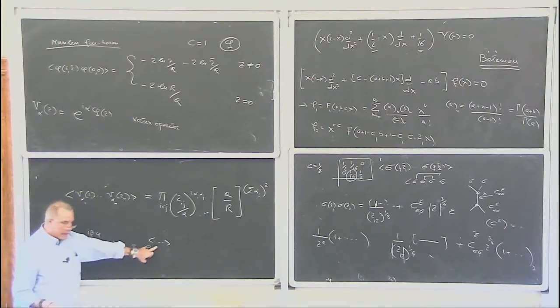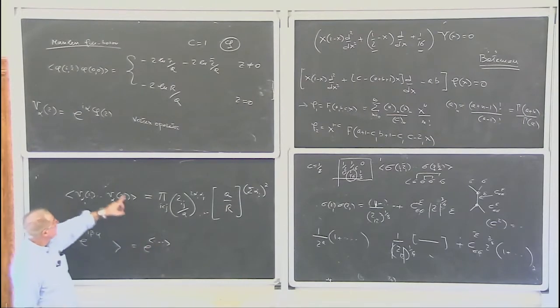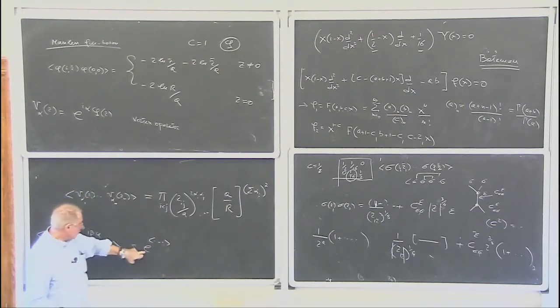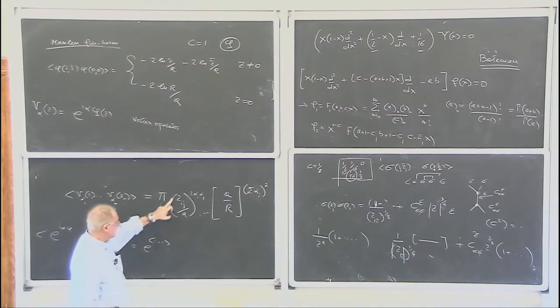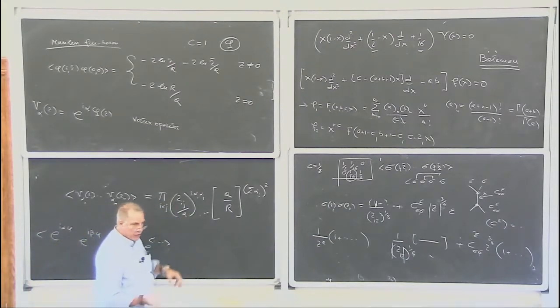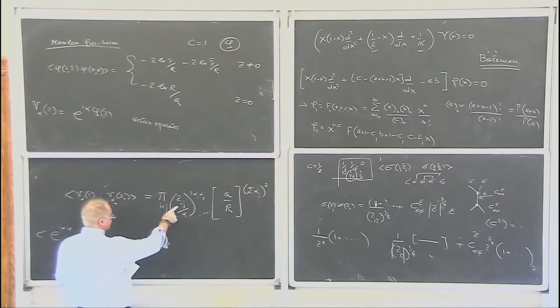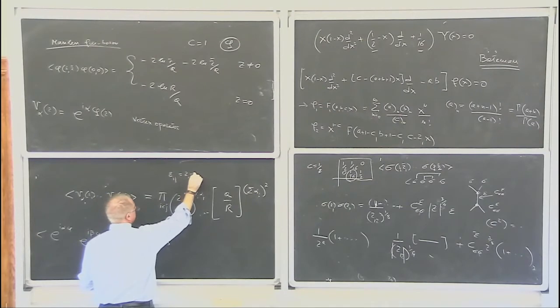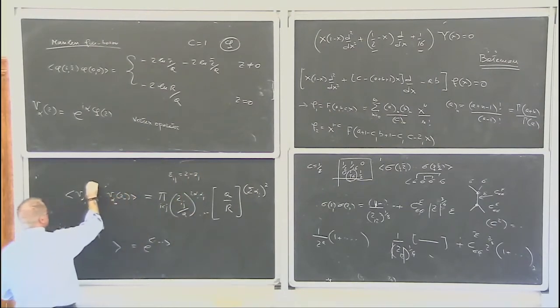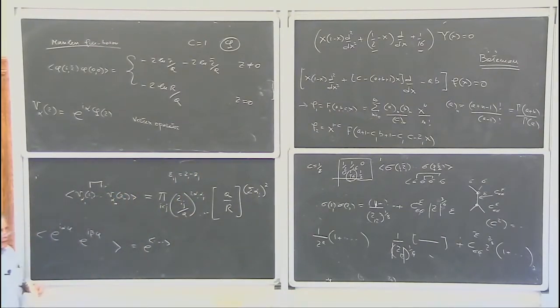But when you contract two fields, you get the logarithm. Exponential of logarithm is a power. So do it. It's very simple. The vertex operator correlator is a power law behavior in which the channel i and j stands for z_i minus z_j. You are contracting, this is Wick's theorem.